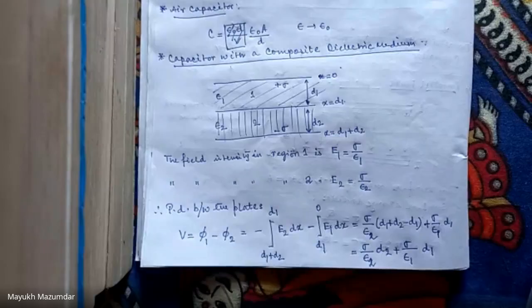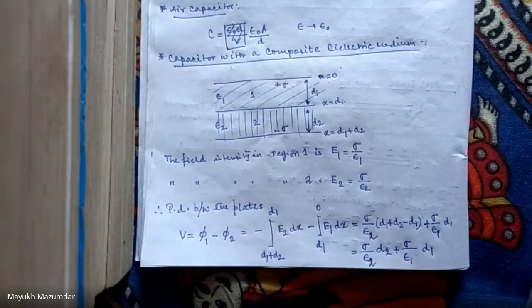So if the limit is changed, it should be 0 to d1. In the original it was 0 to d1, and then due to this minus, another minus came. Are you convinced, or do you still have any doubt? Is it okay, Anjali?